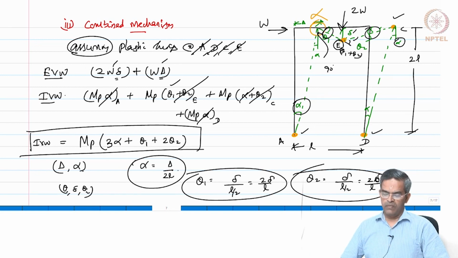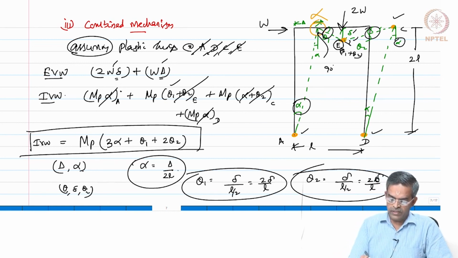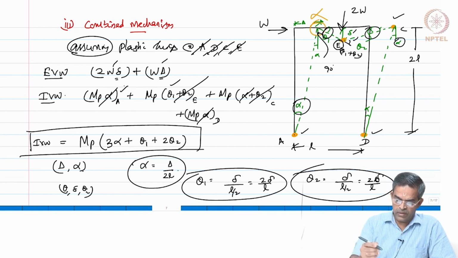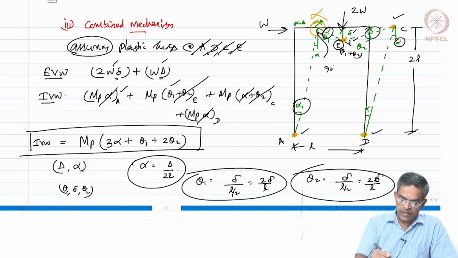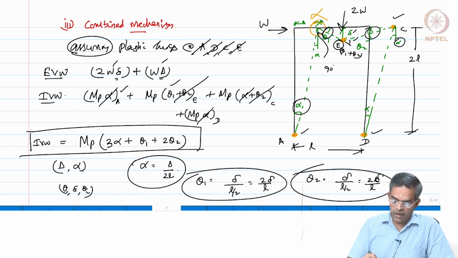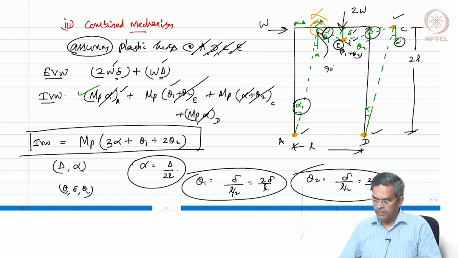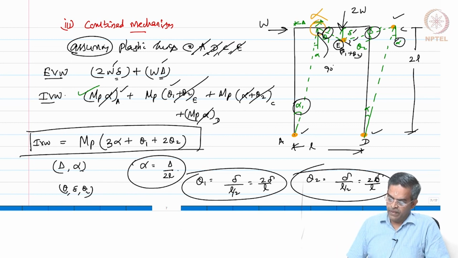The internal virtual work is MP into alpha, which is at A. Then again there is a hinge here at E, so MP into theta 1 and theta 2.